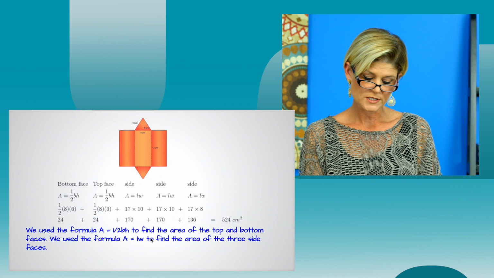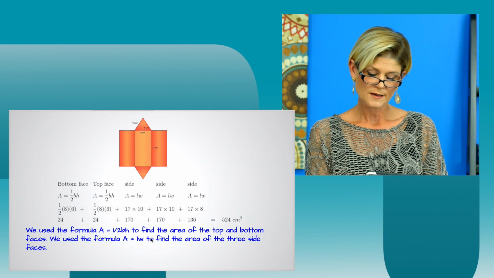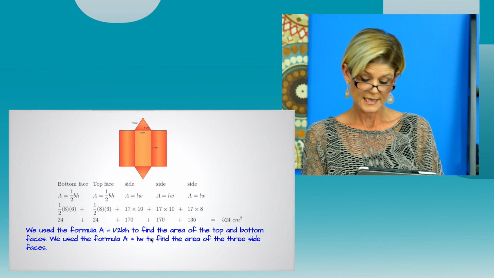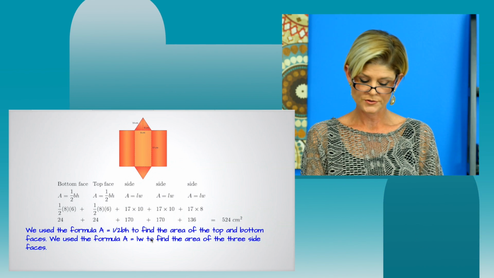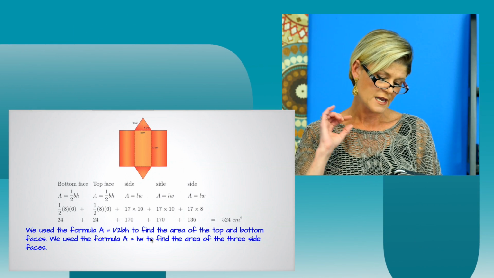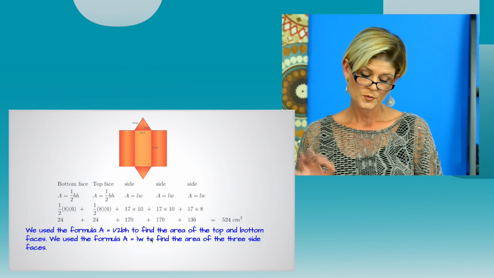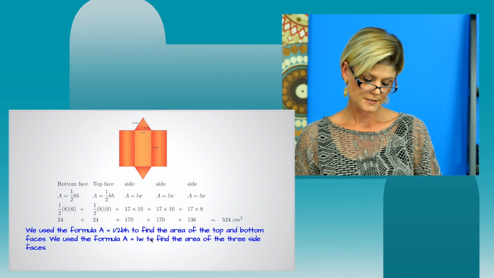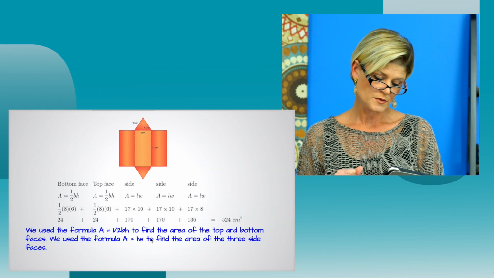And then the last side, area equals length times width again, and that time we would do 17 times 8. And 17 times 8 is 136. So now we're going to add them all up. We have 24 plus 24 plus 170 plus 170, and then that other side, which is 136. Then we add them all together and we get 524 centimeters squared.